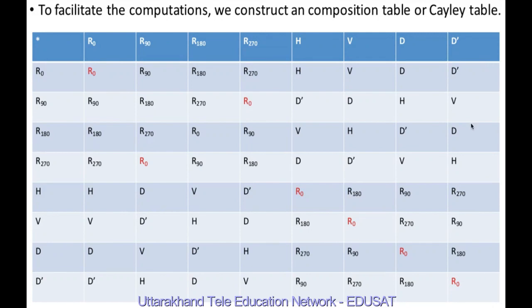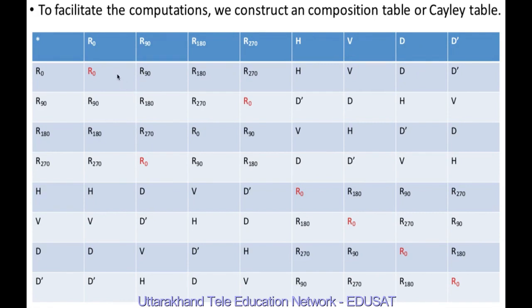Also we have seen that if we flip around twice we get the identity element, so we can also use it. Also notice that all the elements of this composition table are the elements of D4.